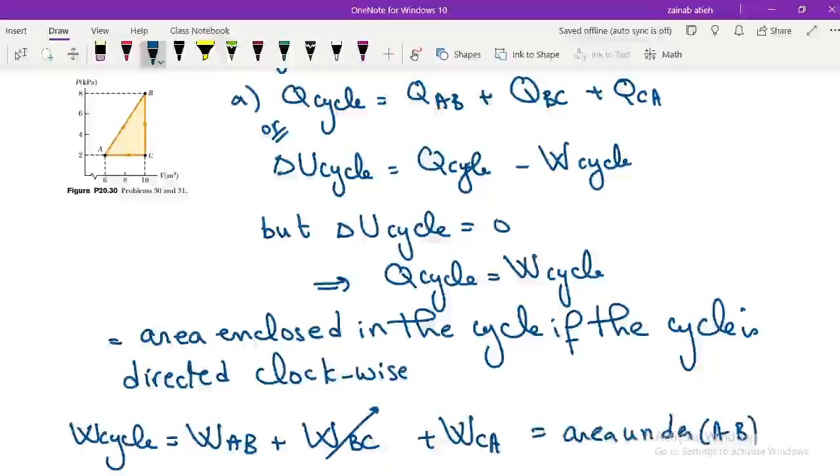Where is the area under AB? This is the area under AB down to the V axis.